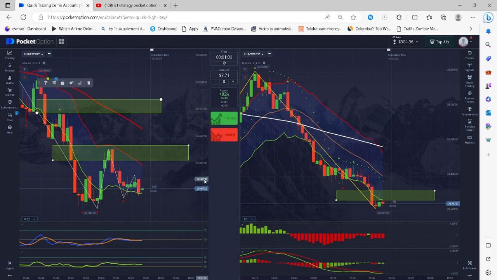This is trying to play tricks. This is where a lot of people lose money in Pocket Option. You are trying to find the little trades, but this is how you trade. You mark out your zones and you wait. So as you can see right here, it probably would just hit, because you can see the Keltner channel is drawing away from the zone. But let's still see how it plays out.